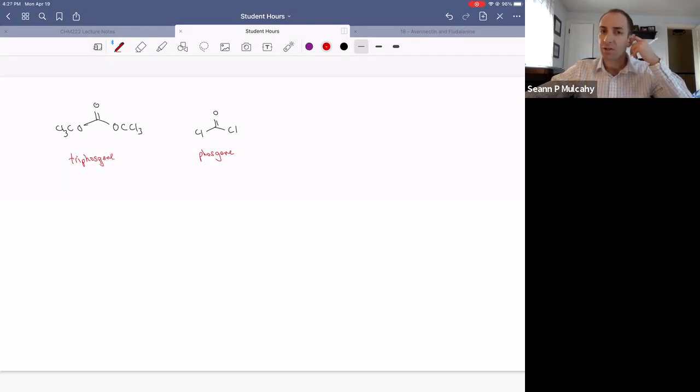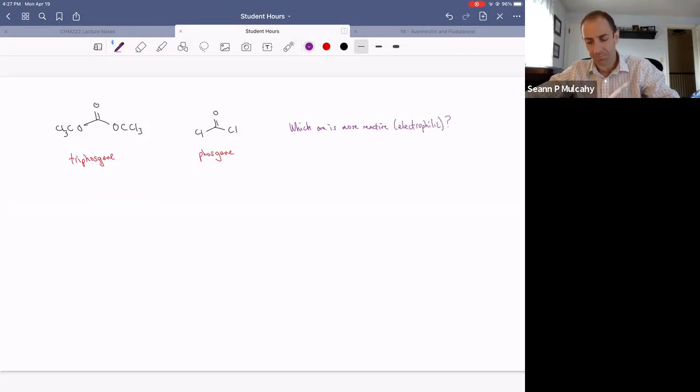Triphosgene and phosgene react with nucleophiles, and they react via a nucleophilic acyl substitution mechanism. And I want you to tell me which one is more reactive. More electrophilic. Which one has a lower LUMO?